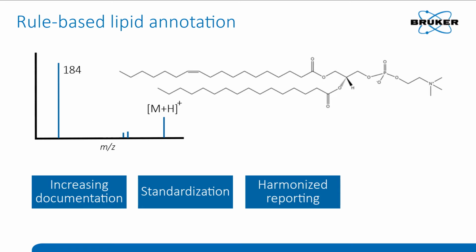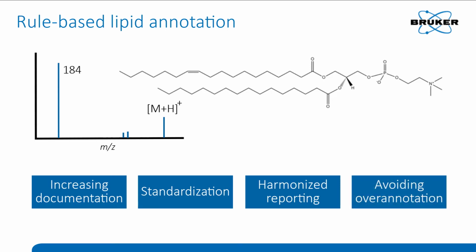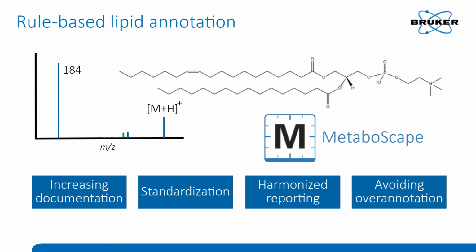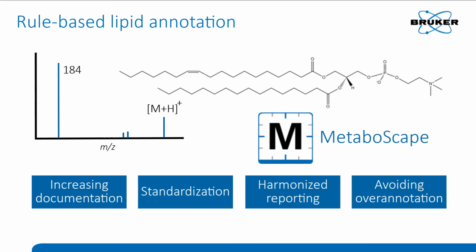MetaboScape now follows the most recent update on the proposed shorthand notation for lipids by Liebisch et al. This nomenclature guideline for lipid annotation was designed for MS-based lipid analysis to avoid structural over-annotation. With MetaboScape, we are closely following the rapidly changing field of computational lipidomics with the goal to deliver a reliable, fast, and easy-to-use lipid annotation platform.